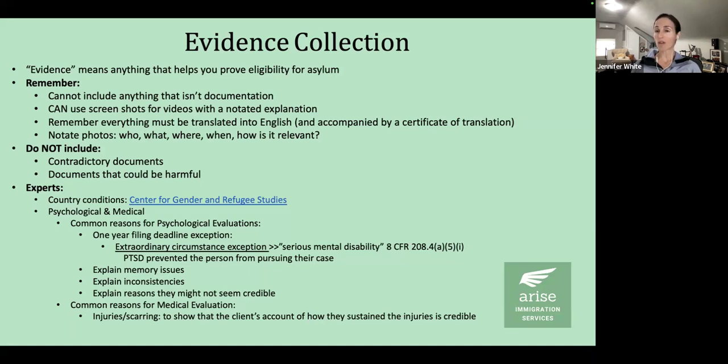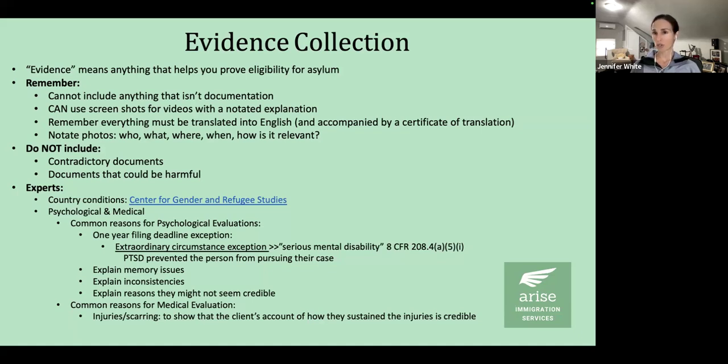That said, if you have really good evidence that exists in one of those two forms or something else that's not documentation, your client could mention it in the interview and bring it to the interview. Say they got a threatening message over Facebook, like a video from their persecutor.